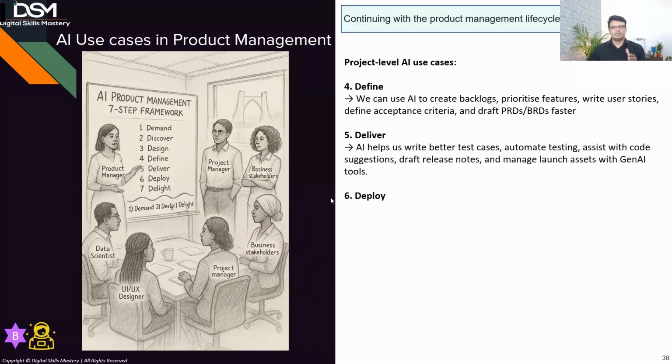That is where this is heading, and you need to be on the edge of it, to learn and leverage it and reduce your time to get all of these things done, documented, and prepared as a deliverable. Put more time into analysis, insight generation, and innovation rather than writing user stories from scratch.